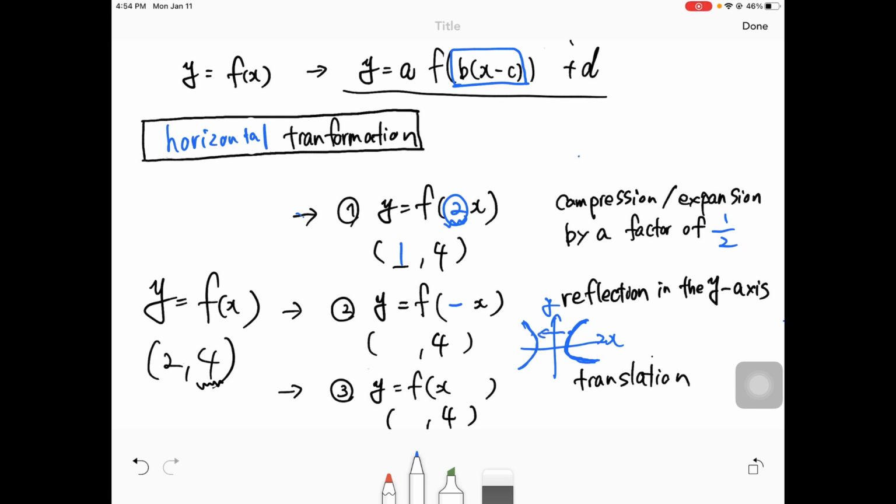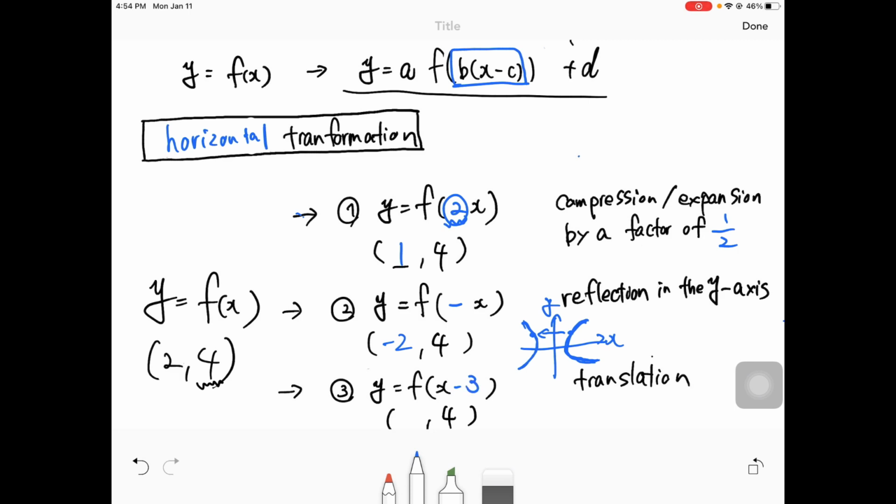So like I said, you don't need to change y value, but you have to change x values. You have to multiply -1 into x values. It's gonna be -2.